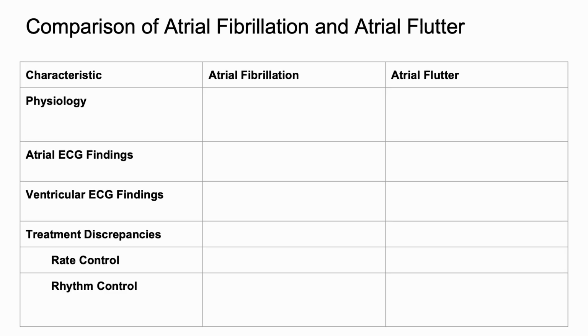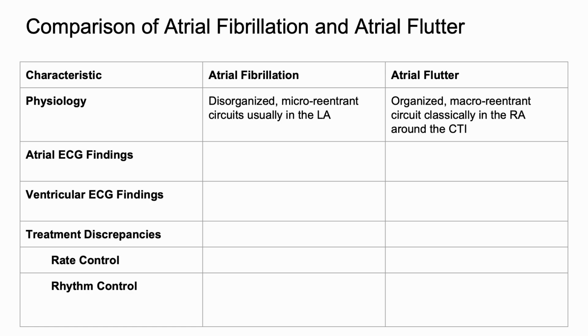Now, putting together some key side-by-side points comparing atrial fibrillation and flutter, we have the following. Afib is a disorganized and chaotic rhythm, while flutter is an organized macro-reentrant circuit, classically in the right atrium around the CTI.